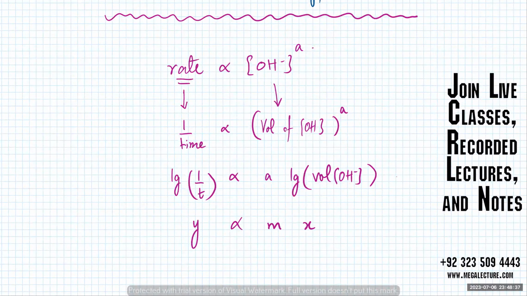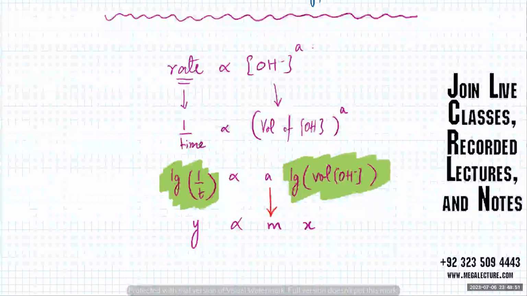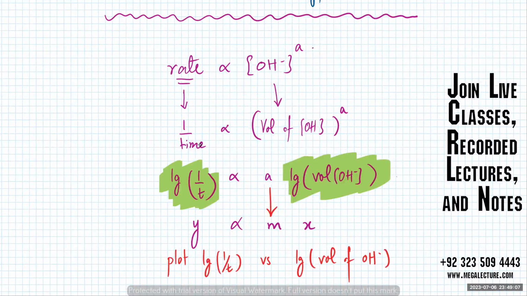So we're going to plot a graph of log of 1 over t, which is y, versus log of volume of OH ions, and your gradient happens to be the order.